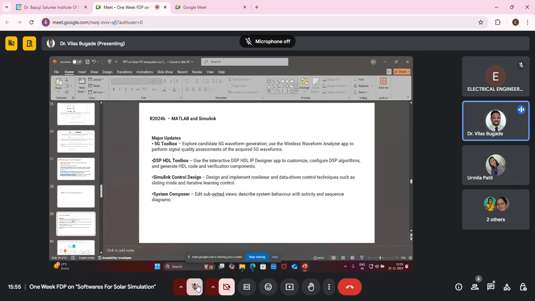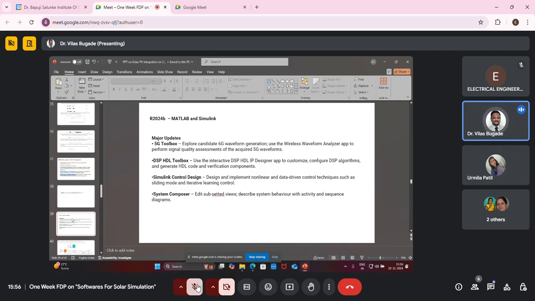Okay, so R2024b has major updates, like the 5G toolbox, which explores 6G waveform generation using the wireless waveform analyzer app to perform signal quality assessment of acquired 5G waveforms. Another is because a controller system is going to be used in automation, that toolbox is also interactive.